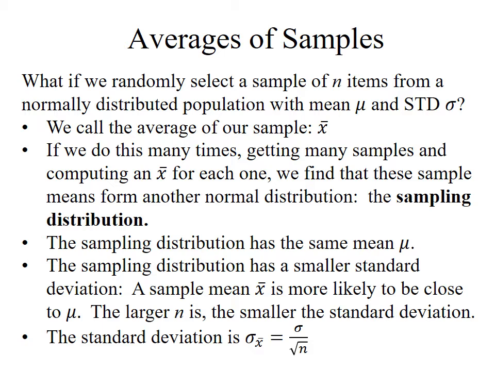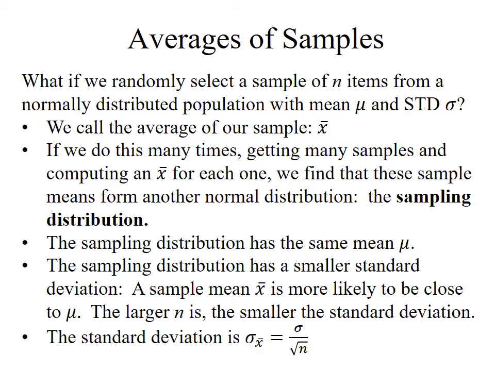And what I find is the larger n is, the larger my sample size, the more things I've got in my sample, the smaller the standard deviation is, meaning the closer my x bar is likely to be to the overall mean. And the magical equation that allows us to compute this tells me that sigma x bar, the standard deviation of all those x bars, is sigma, the standard deviation of the population, divided by the square root of the sample size.